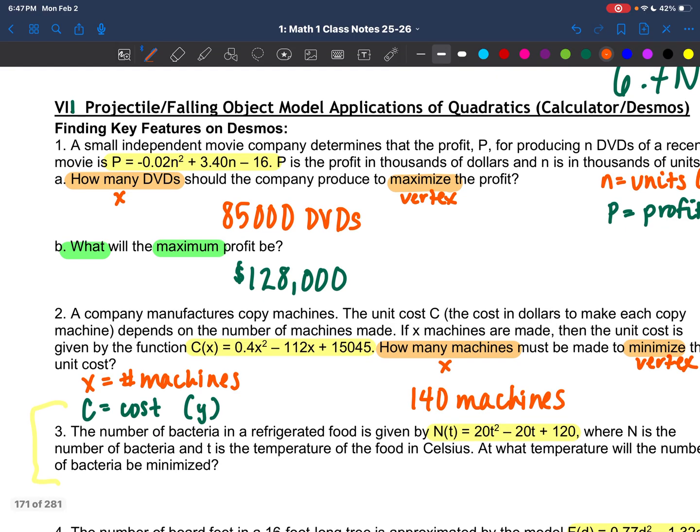Then we want to know what the maximum profit will be. So maximum what? Well, we already looked at it, maximum profit. So we're looking at the vertex for the Y value. And again, I wrote the wrong number here. There you go.